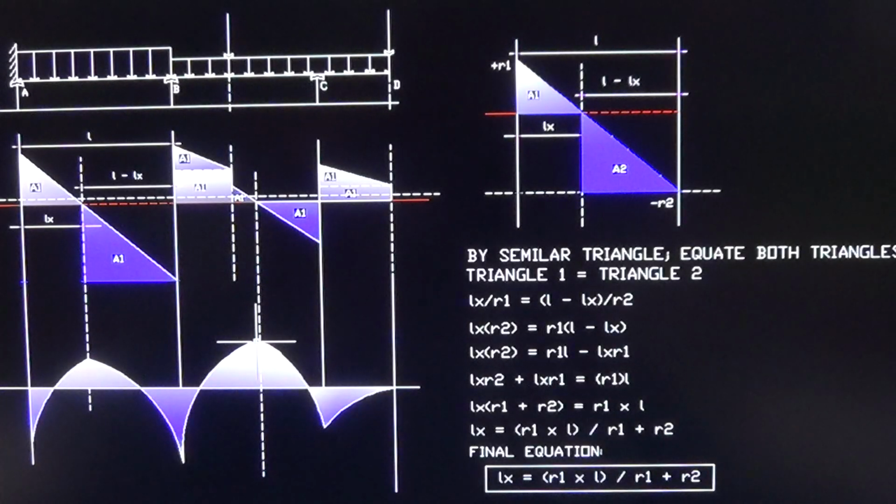The reason why I say that is because when you design this structure, you have to refer to the moments around here. The moment here is used to design the reinforcement bar.